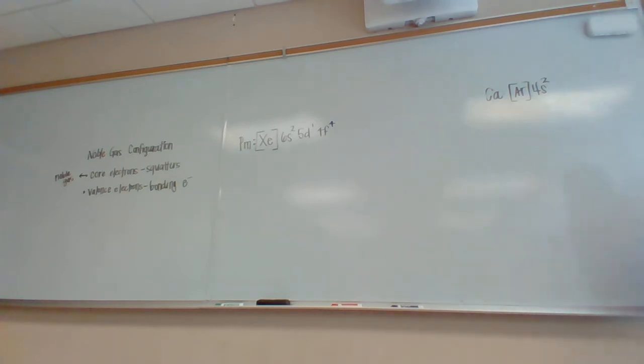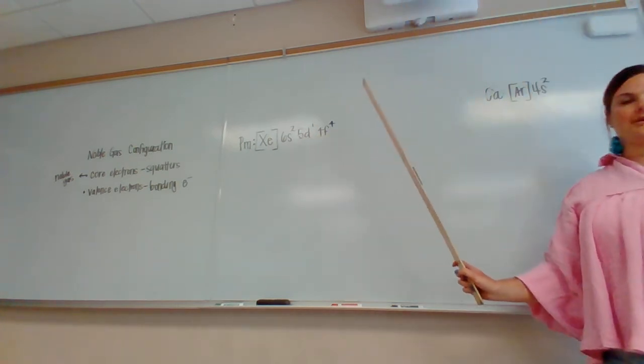I've still got to go through this 4f block, then I jump back up to my 5d orbital, then I go over to platinum. So when you do that, you go back and add your D blocks together.